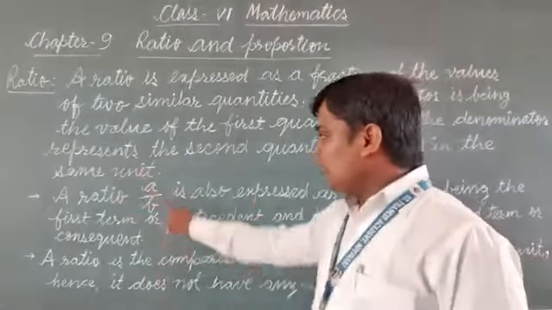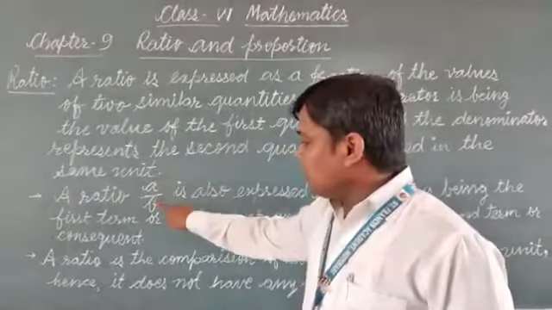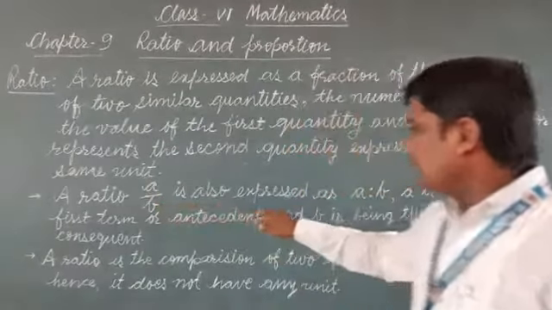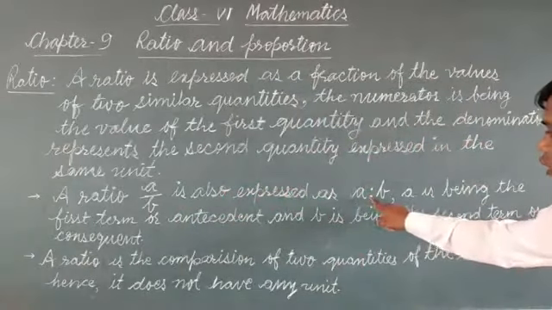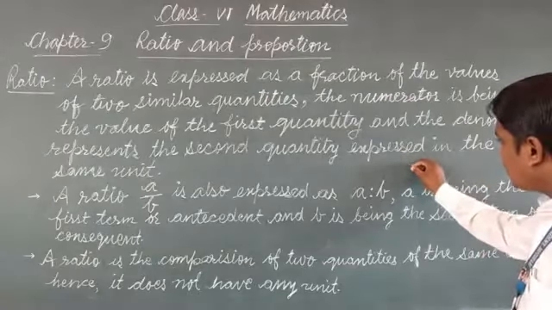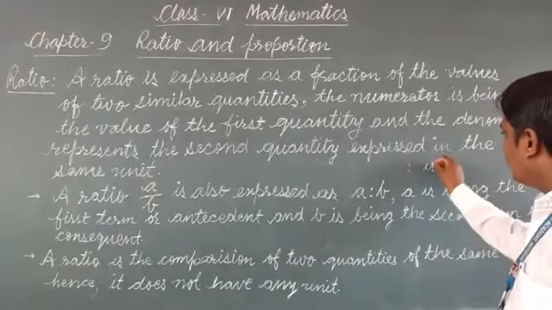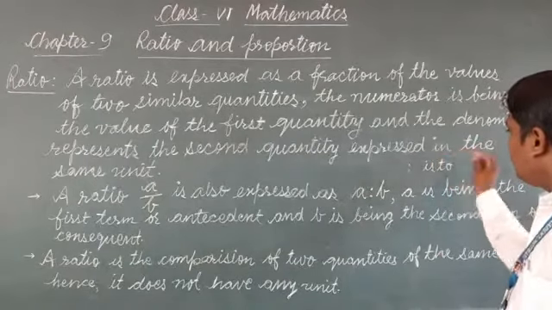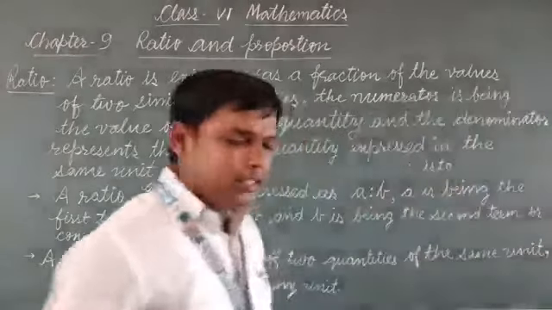A ratio A by B, where A is the numerator and B is the denominator, is also expressed as A is to B. This colon is read as "is to".